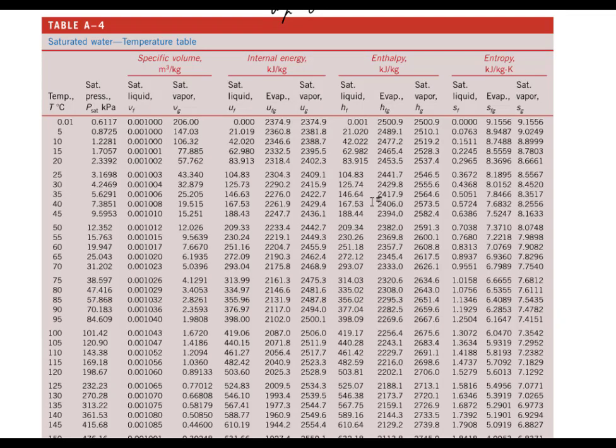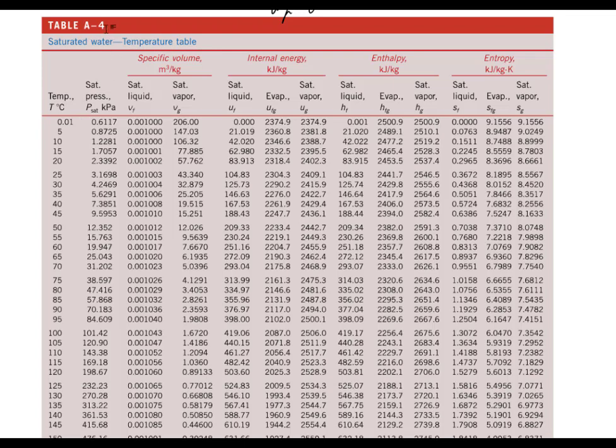Okay, now again we are in the thermodynamics table to find the properties for state 4. But what we have for state 4 is the pressure, which is 10 kilopascal, and we know it is in the mixture region. So we need to again use table A4 or table A5, which is for saturated water.